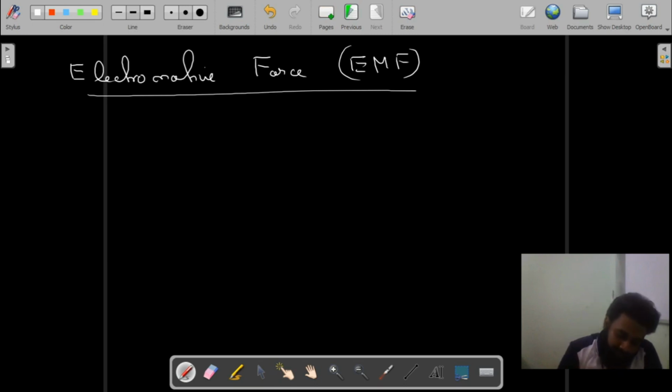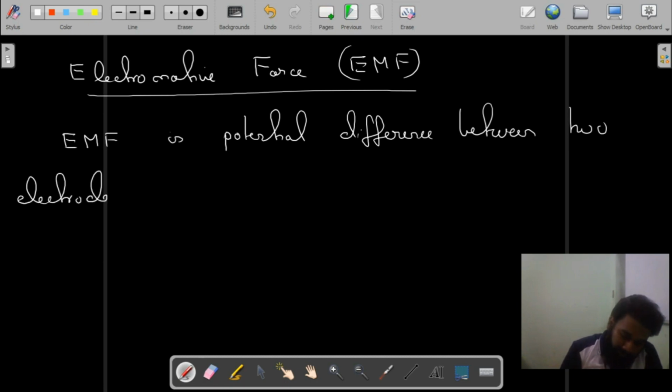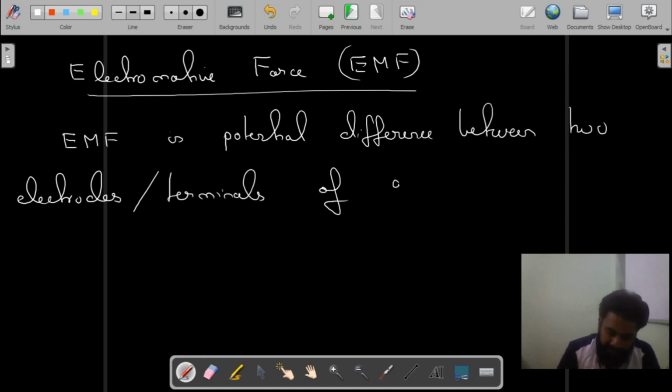So the clear definition: electromotive force is the potential difference between two electrodes or terminals of a cell when no current is flowing.